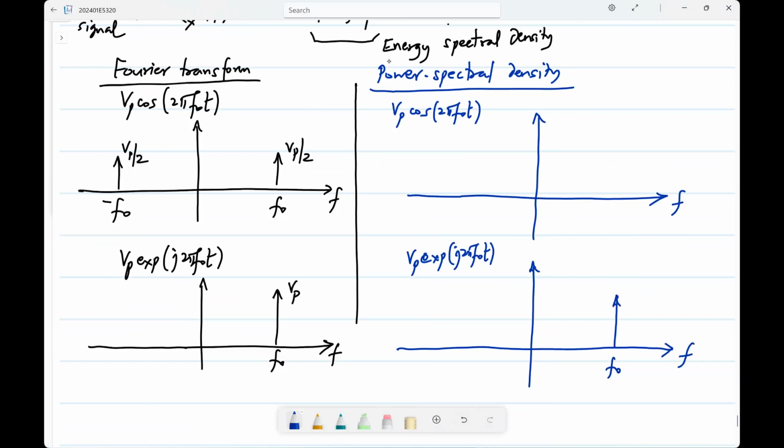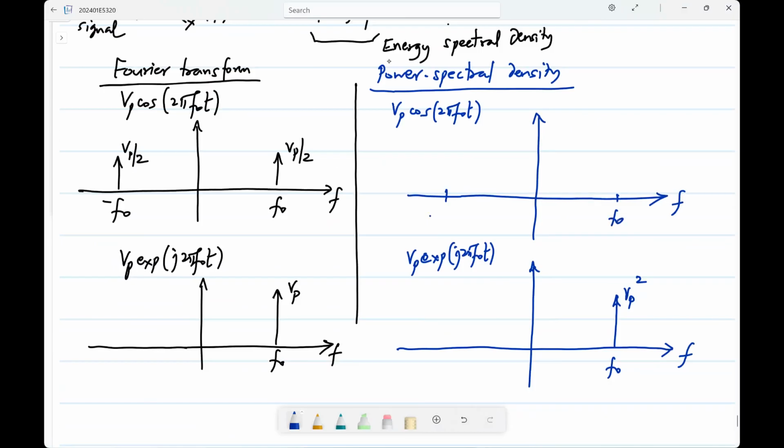What is the power of that signal? It says Vp square. Okay. This is Vp square. What about that sinusoid Vp cos 2 pi f naught t? Where will it have non-zero values? F naught and minus f naught.